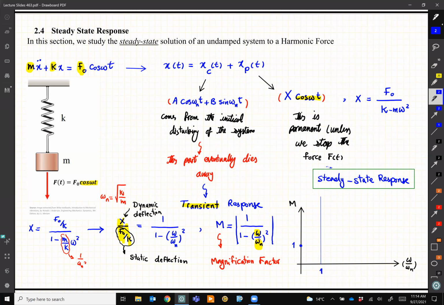So the denominator becomes 0, so it is infinity. So this part of the function is going to look like that. Then after I pass this number 1 from infinity, I'm going to come back. And then I can look at this one. When omega over omega n goes to infinity, this function is going to go to 0. So if I can do a good job, it's going to look something like that. You guys agree? Go to infinity at 1 and then come back to 0.